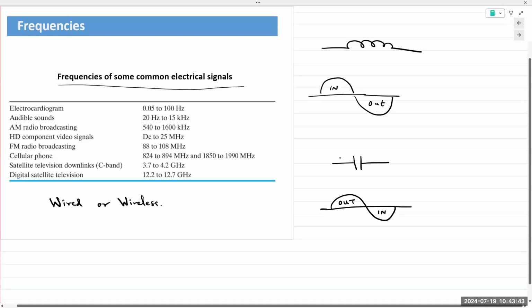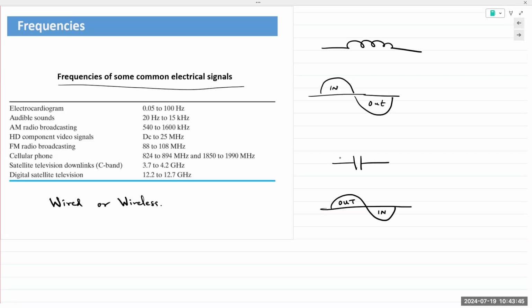If you check around this room, even the devices that you're using, there are wires and cables carrying signals from your desktop computer to the monitor and to the projector. Inside your laptop, smartphone, or tablet, signals are carried by wires embedded in the circuit board, from point A to point B to point C, D, and so on.